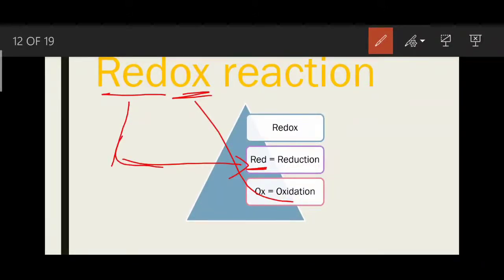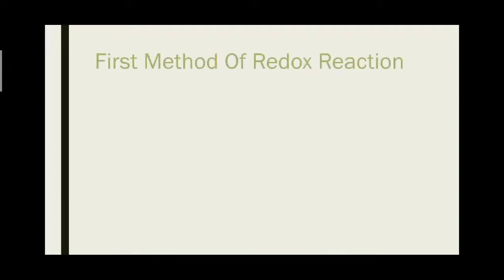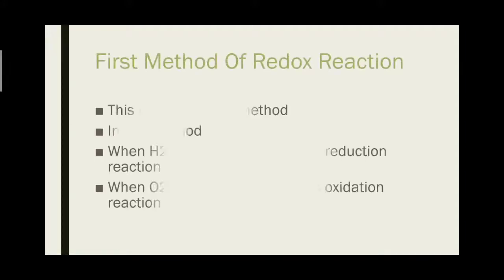In this chapter, reduction and oxidation means the classical method. In the book it is not given what is classical method or what is modern method, but you will note that somewhere. Let me explain first, then I will tell what you have to note. So first, method of redox reaction.